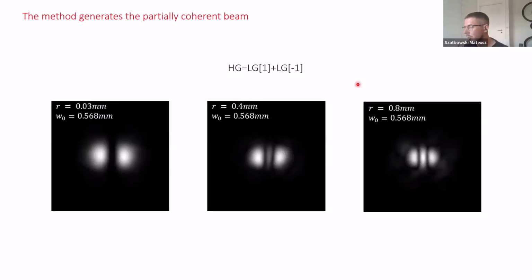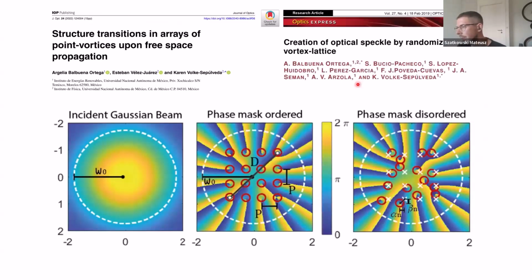So what we propose is to go one step further, and instead of playing with a single vortex, we propose to play with vortex lattices, and that was inspired by the work of Karen Volke, who collaborated with us on this project. She studied vortex lattices for a few years already, published a few papers on that, and established some degrees of freedom that we can associate with these lattices.